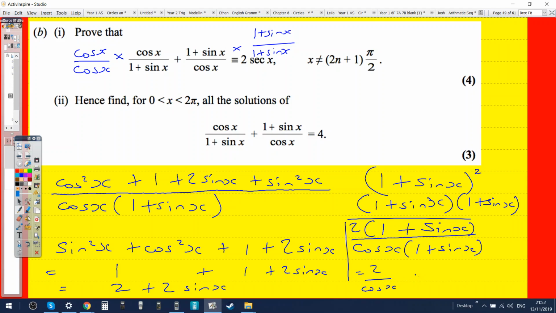And what's that the same as? Yes. Algebraic fractions: you add the two together, fully simplify, fully factorize, and then fully cancel down.